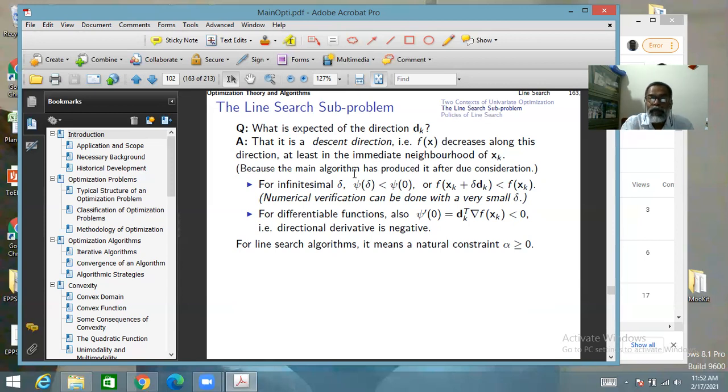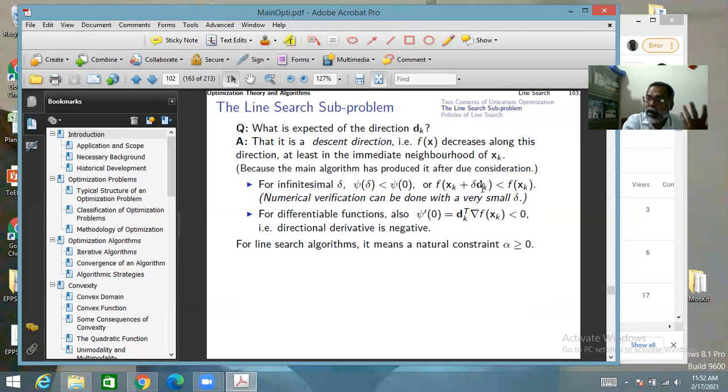How do we make it concrete? We can say for infinitesimal delta, for a very small delta, psi(delta) is less than psi(0). Psi(0) is f of xk. Psi(delta) is the value after it has gone a little delta step ahead along direction dk. So as it goes ahead by a slight distance along that direction, the function value decreases.